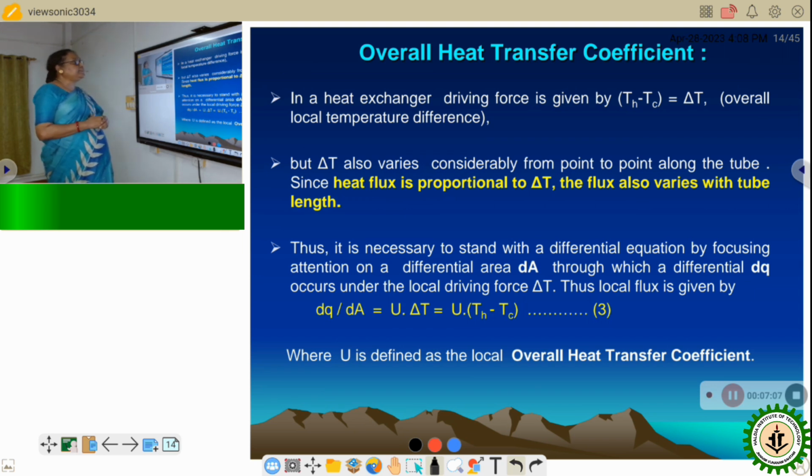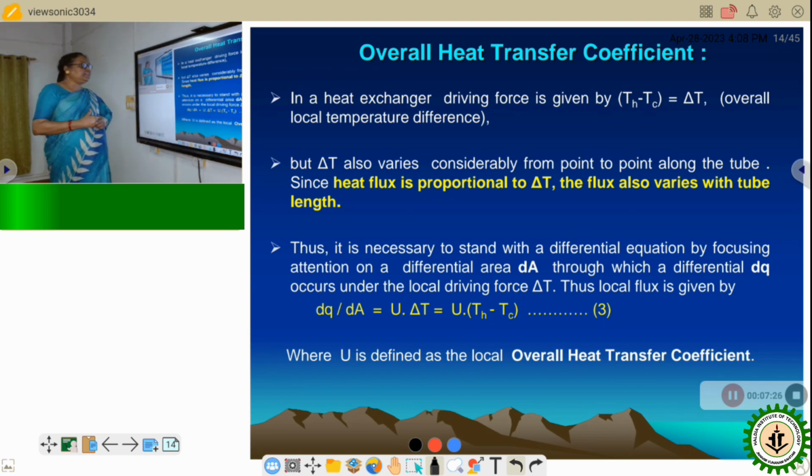In a heat exchanger, the driving force is given by TH minus TC, that is the delta T. But the delta T also varies considerably from point to point along the tube. Since the heat flux is proportional to the delta T, the flux also varies with the tube length.